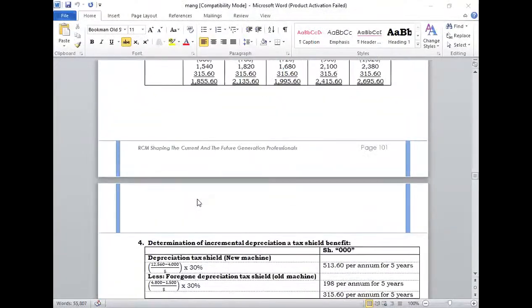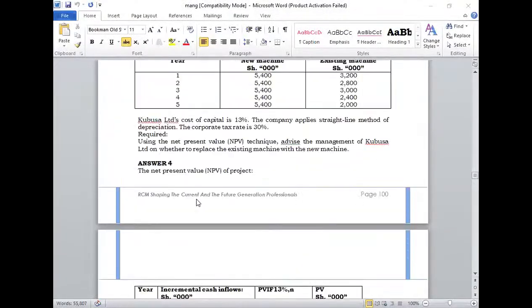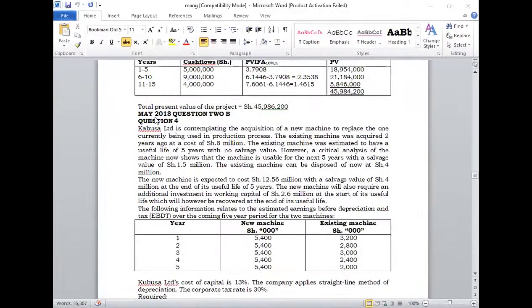So here we are. They are telling us that Kabusa Limited is contemplating the acquisition of a new machine to replace the one currently being used in the production process. The existing machine was acquired 2 years ago at a cost of 8 million.